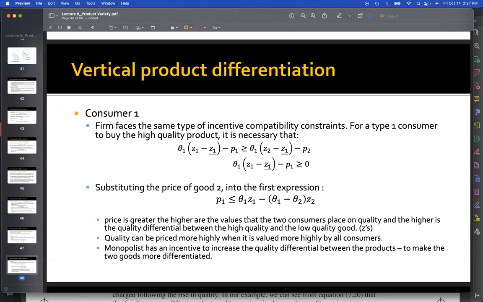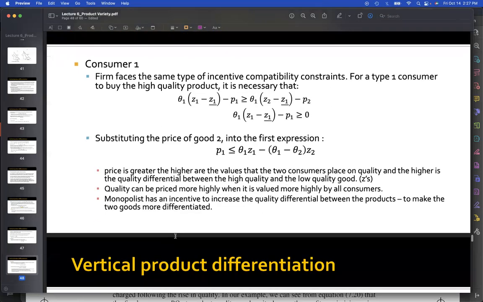Next, the higher the differential between Z1 and Z2 is, the more likely P1 is also higher. Recall that this versus this, there's a negative here. So the bigger the difference between Z1 and Z2, the more likely you are to increase the price for consumer 1. The monopolist then has an incentive to increase the quality differential between the products.